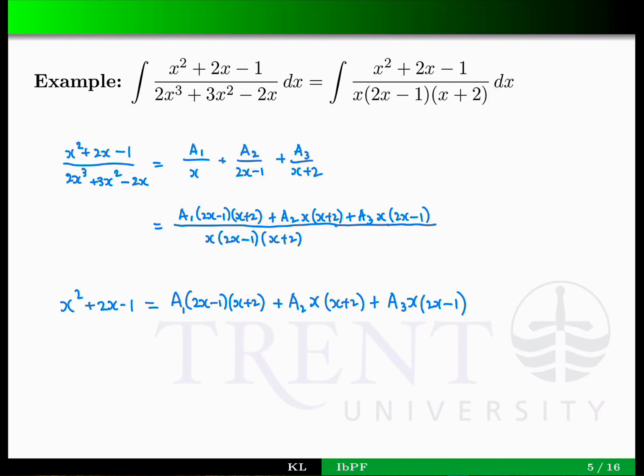Then choose another number, substitute it on the left-hand side, and on the right-hand side, you will equate that. Then you'll be able to write the number in terms of A1, A2, and A3.